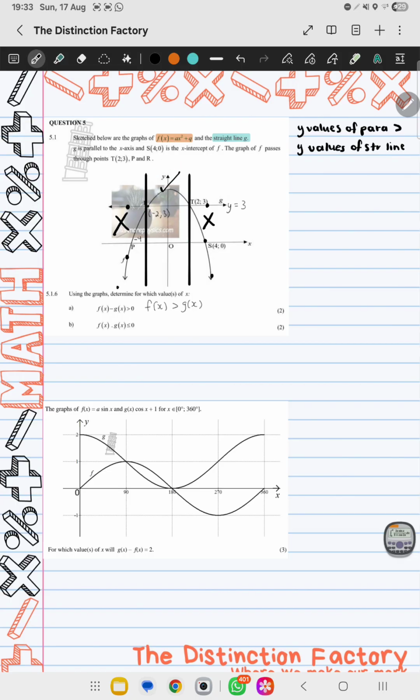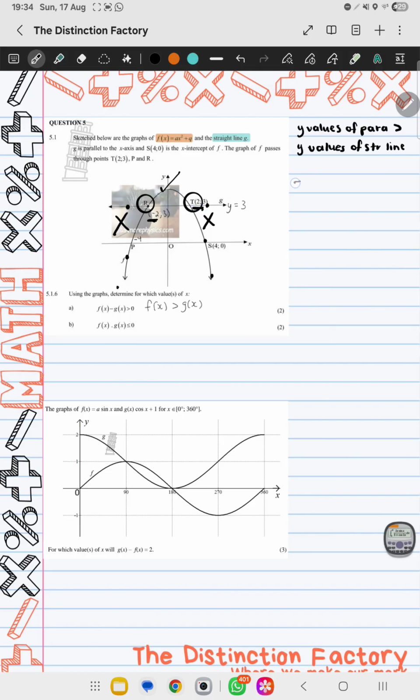So we now have to get the x coordinates that relate to the points of intersection of those two graphs. And that means that we are referring to the x value of R and the x value of T. So we've got -2 and +2.